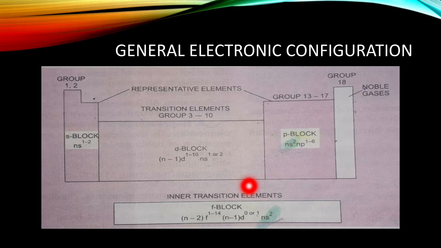One thing you can find common is ns2 in P and F block. But nowadays the question level has changed. The examiner directly asks what is the electronic configuration of the 17th group or 18th group. Then you need to vary the value of p here. It is the same in all cases. Maybe a direct question is asked.